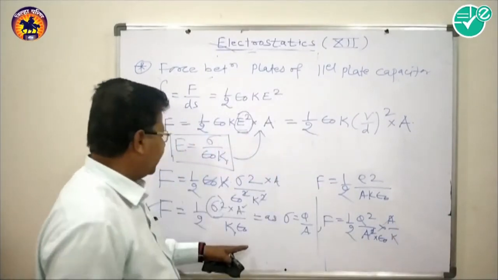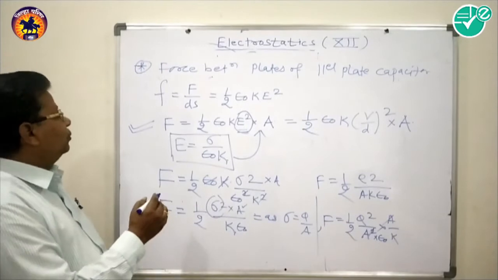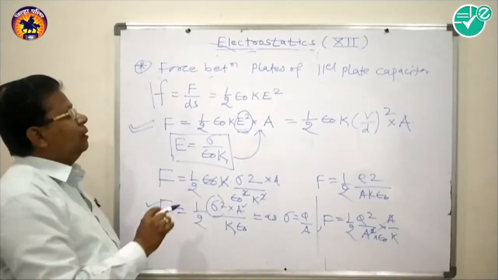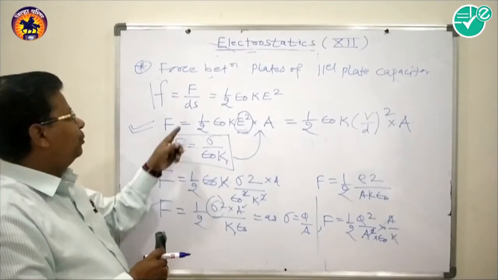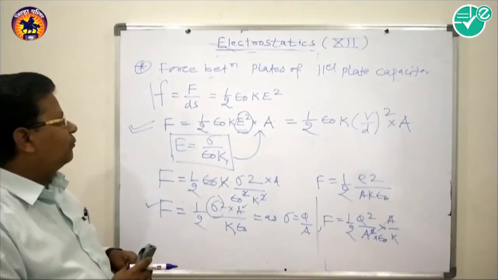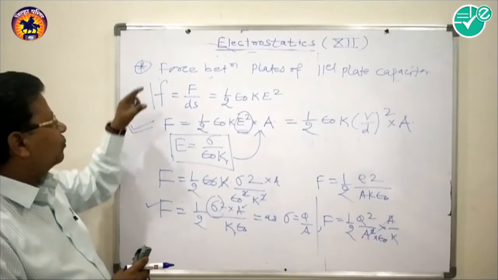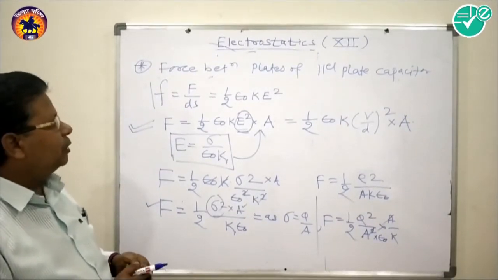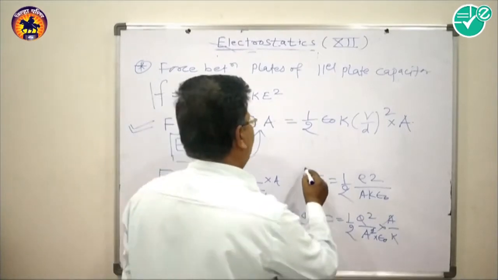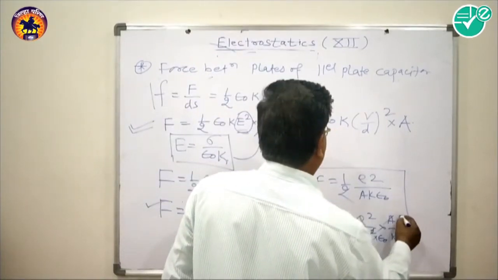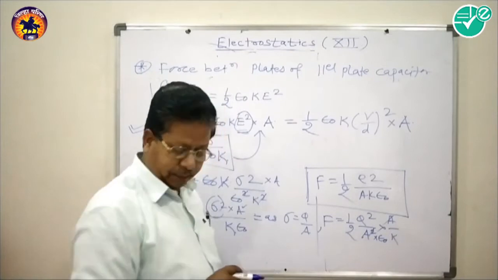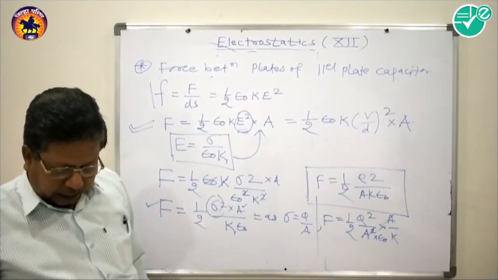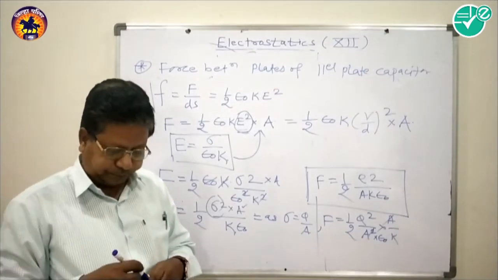So by using the expression for mechanical force per unit area of a charged conductor, we can define the expression for force between the two plates, and that force between the two plates comes out to be F is equal to 1 by 2 Q square divided by A K epsilon 0.